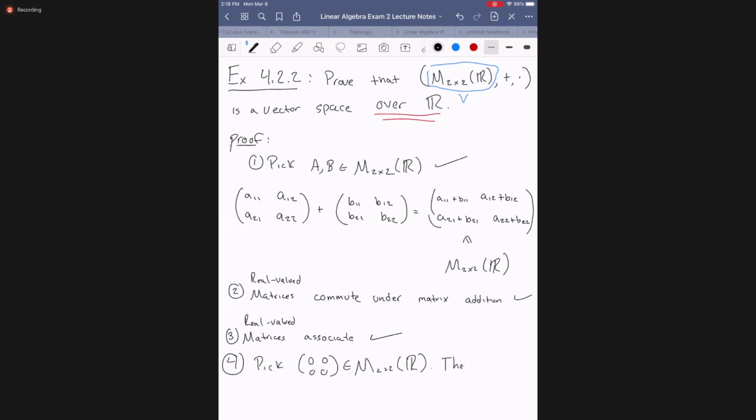Then for, let's say, A, we know that A plus the zero matrix is just going to give me A. So there does exist this element 0 in my V that does this. All right, perfect. Number 5.